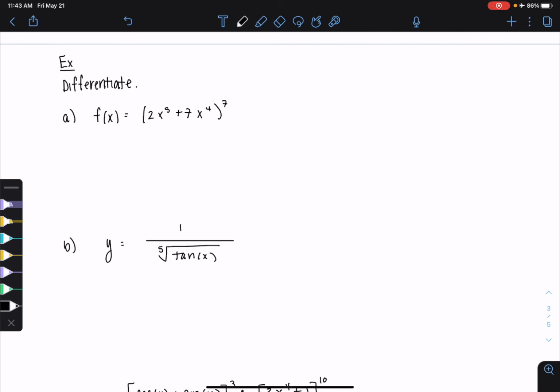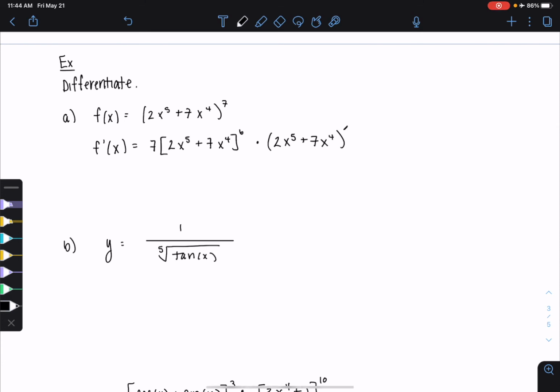Let's start with the function 2x to the 5th plus 7x to the 4th, all raised to the 7th power. So applying our chain rule, we bring that power down. We decrease the power by 1. So this would now be the 6th power. And chain rule tells us we have to take the derivative of the inner.